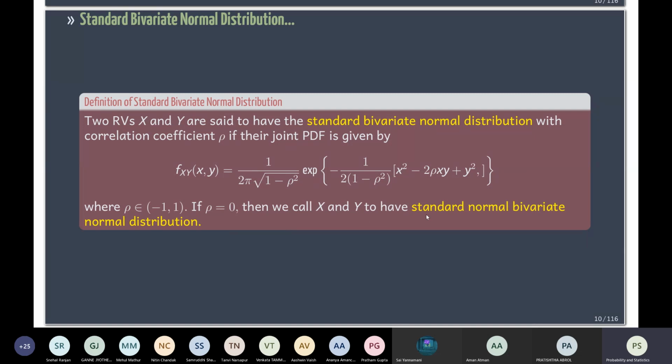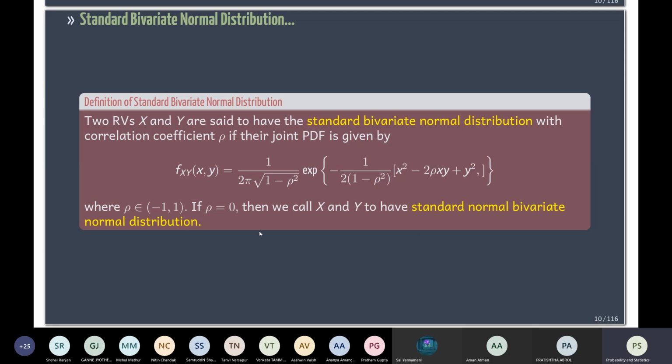Then we call X and Y a standard bivariate normal distribution. Yeah, okay. The terms are not very well stated; I have a typo here.